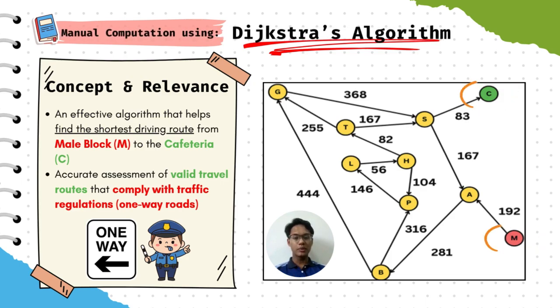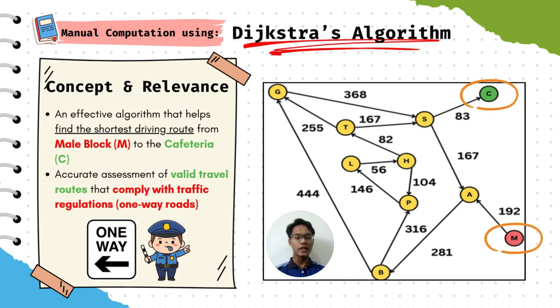For the manual computation using the Dijkstra algorithm, I will be talking about the concept and relevance of it before going into the steps. For the concept, it is an effective way that helps find the shortest driving route. In this scenario, we are trying to help Hakim go from the mail block M in the red circle to the cafeteria C, the green circle.